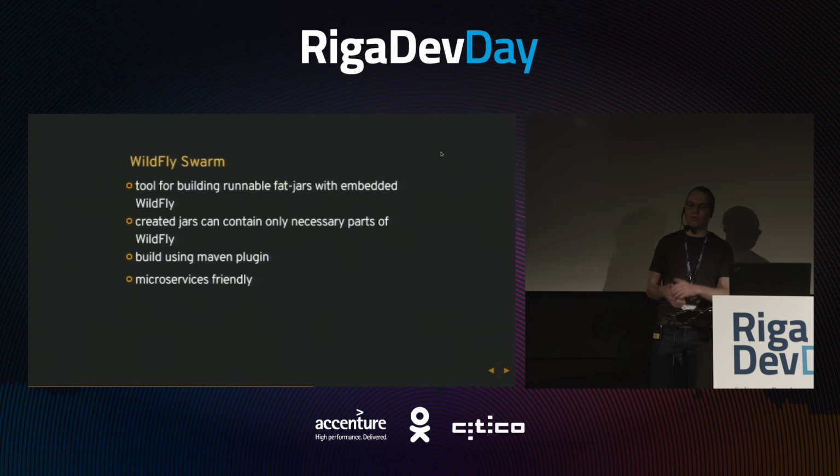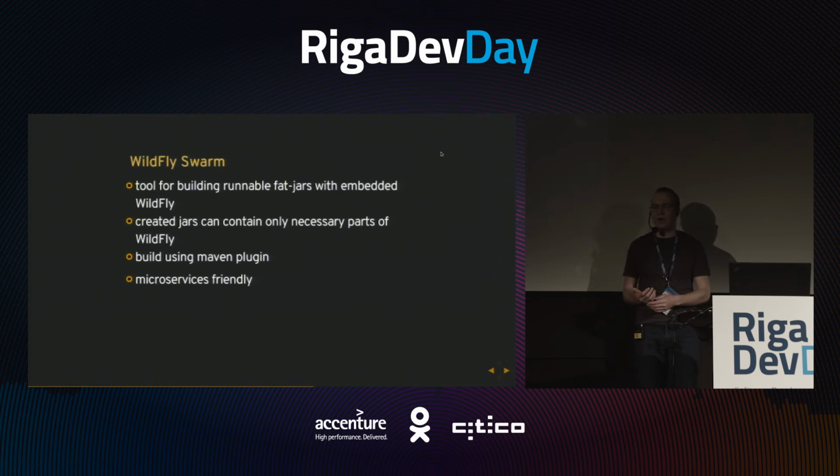That's all. And WildFly Swarm will find out itself what other fractions it needs, will add only those parts of the server to your jar that are necessary to run it, and will create a runnable jar of it.